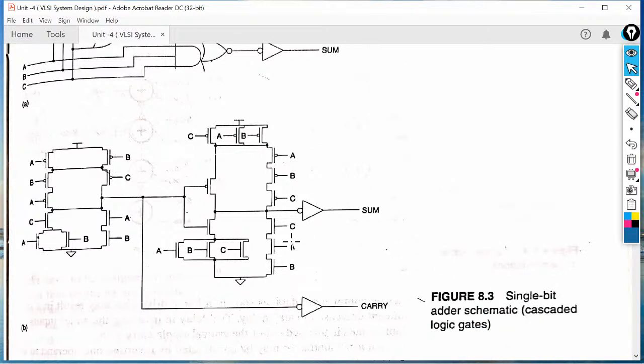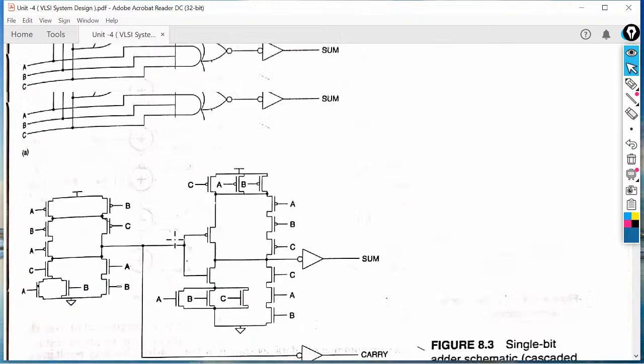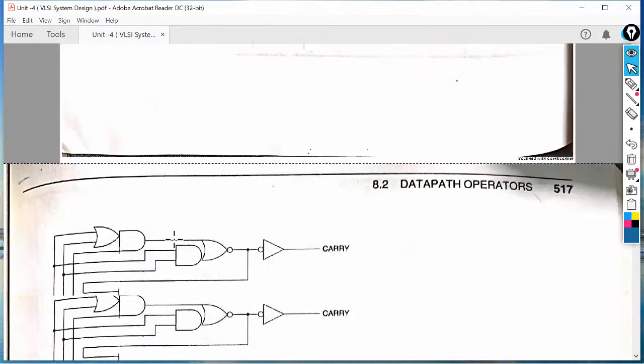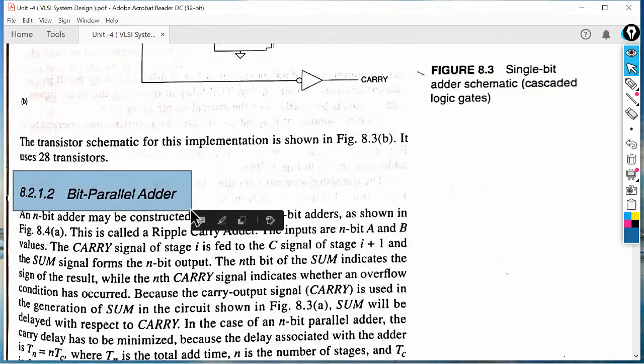The main consideration is that you always try to design by using fewer operators or less routing to minimize the area or to increase the speed of the operation. Okay, this one is the adding operation. Now the next part is bit parallel adder.